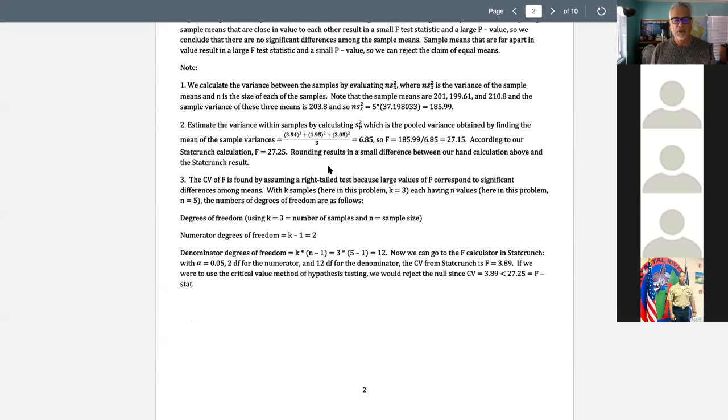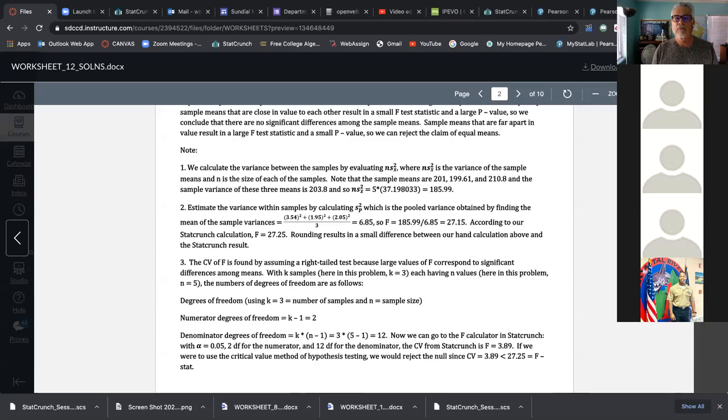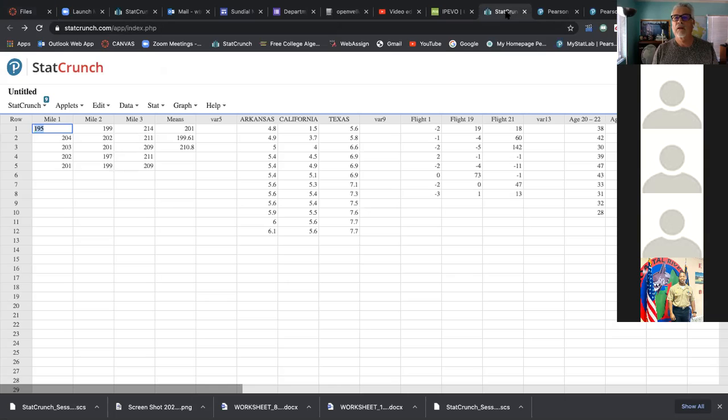And I think what I'll do is I'll go into StatCrunch now, and we'll do the calculations in StatCrunch. So let's do that. Okay, now here's our StatCrunch data set here. And remember that for each of these 3 mile loops, I've listed the data in seconds.